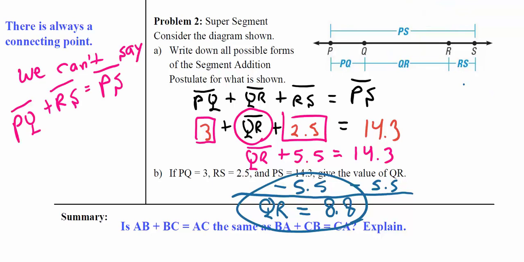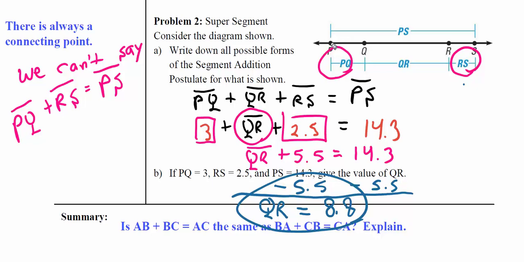One last quick note that I want to bring up is this idea of the connecting point. Just because you have a bunch of letters and segments doesn't mean you can just add whatever you want and get lucky. We can't say, for example, that PQ plus RS is PS, because we're only looking at this length and this length, and there's no connecting point in between them.